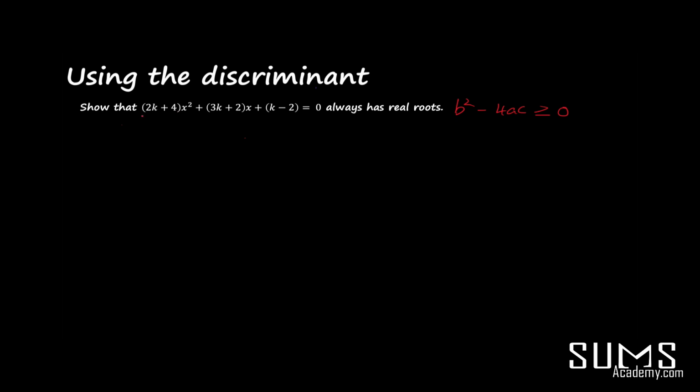So these 2k, 3k things in front of our x's, they're just the coefficients. So this is just a, in different colors, b and c.